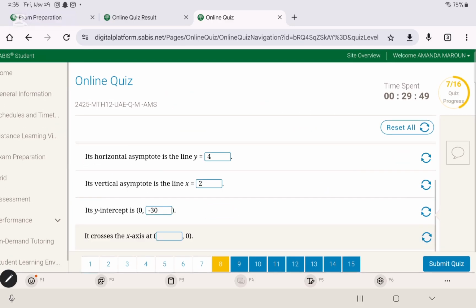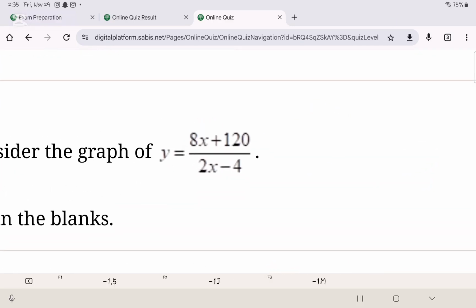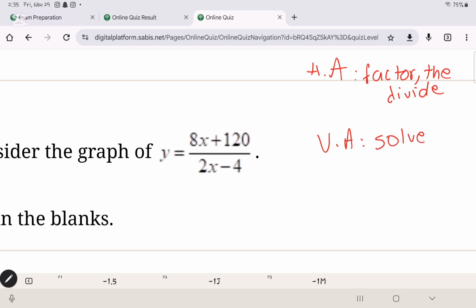Now that we solved this, let us remember the rules again. To find the horizontal asymptote, we are first going to factor, then divide. To find the vertical asymptote, we are going to solve the denominator.